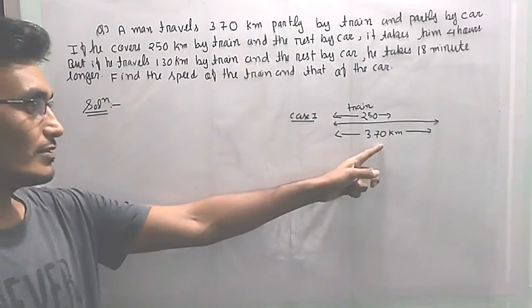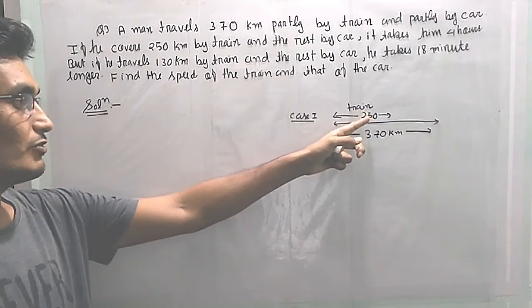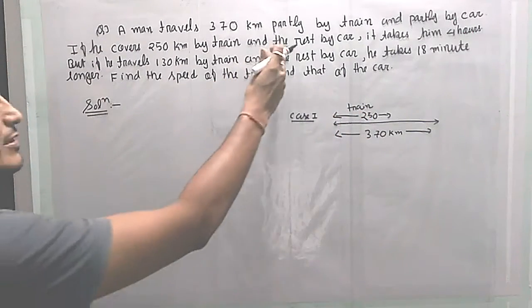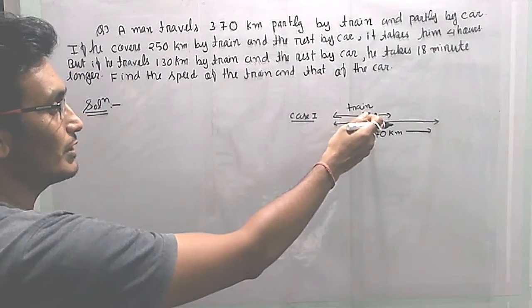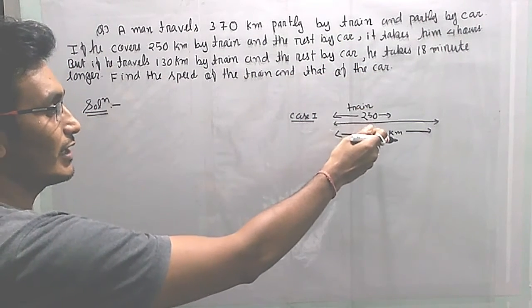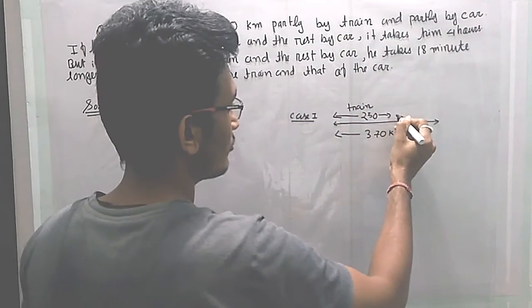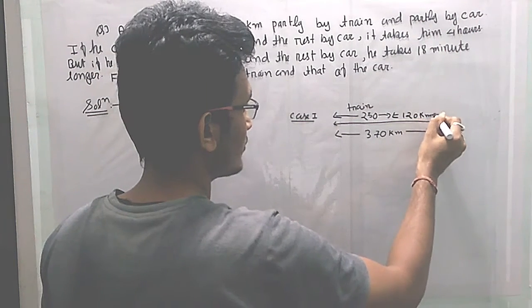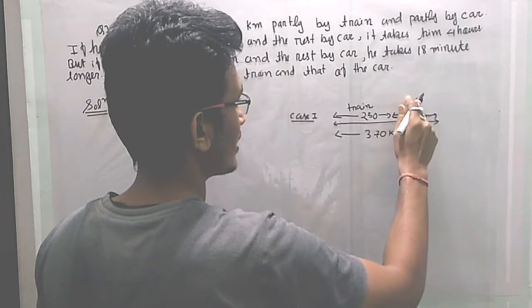That means out of 370 km, 250 km is traveled by the train and the rest by the car. If 250 km is traveled by the train, that means 120 km should be traveled by car.